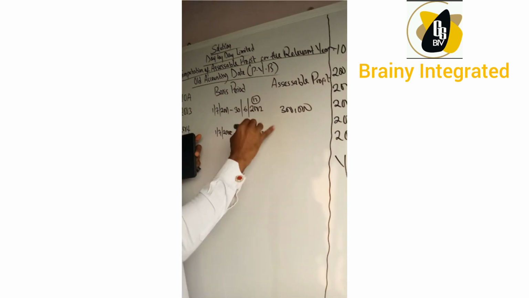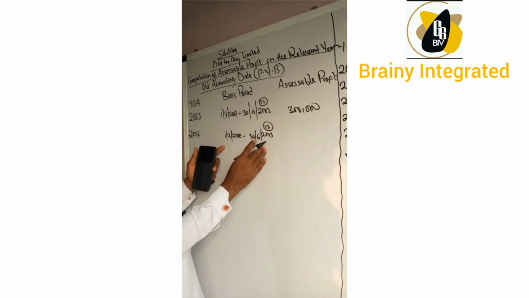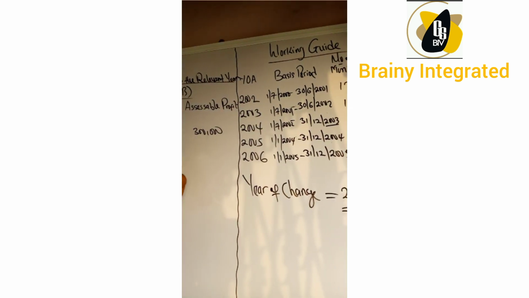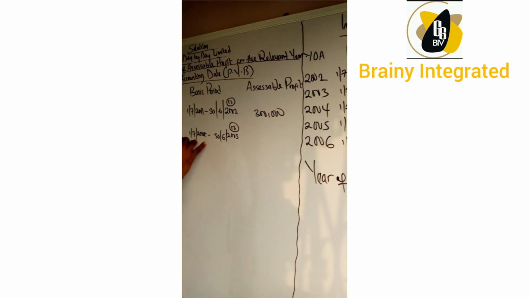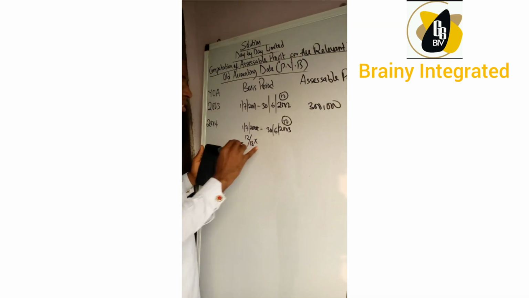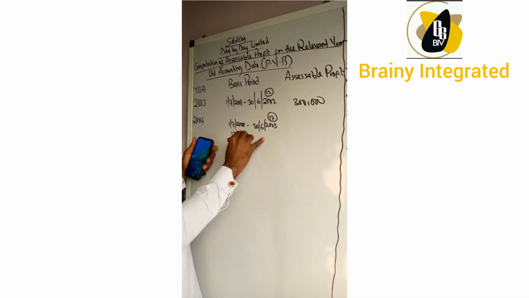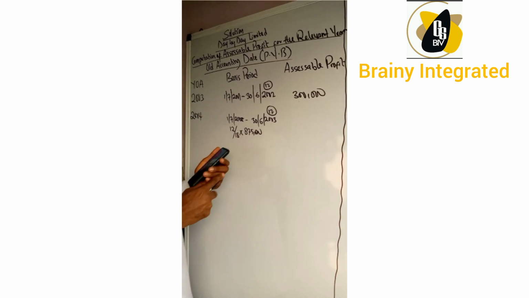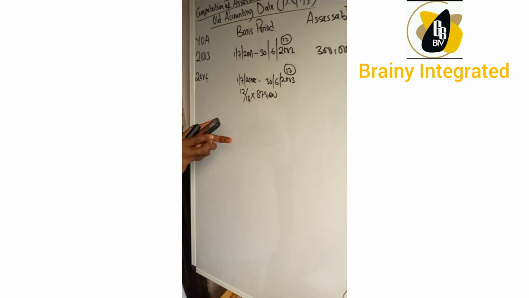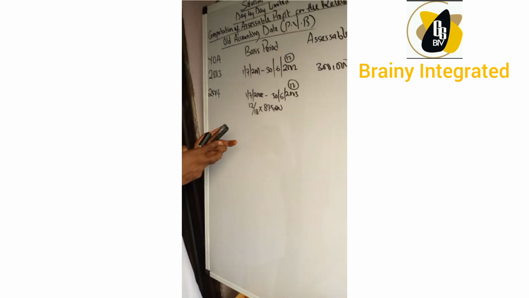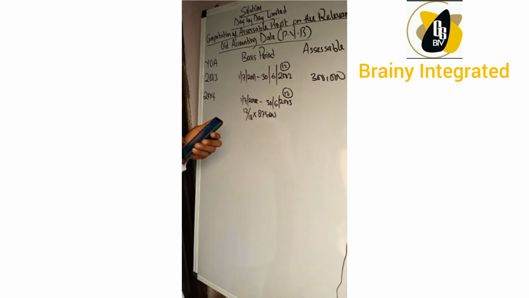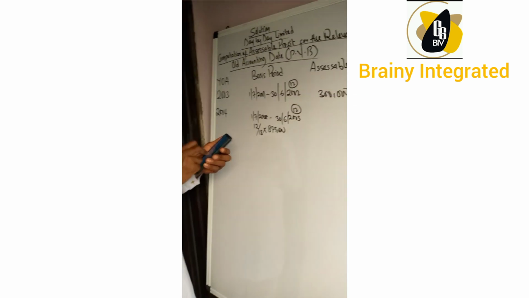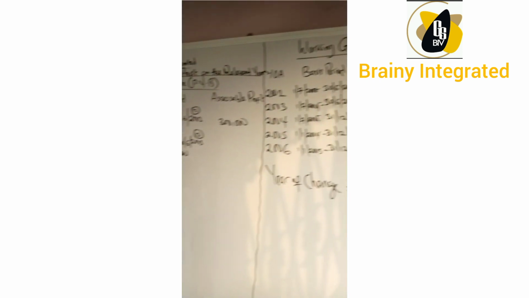Because this is 18 months and this is 12 months, I'm going to take 12 out of 18. That will give me 12 over 18 times 875,000. That will give us the assessable profit for this year of assessment.